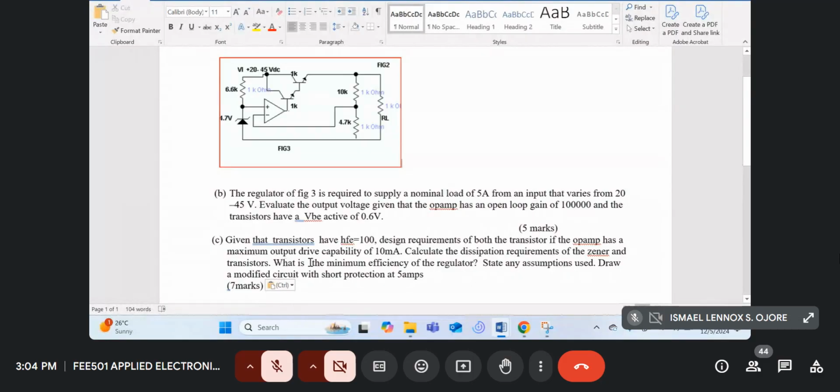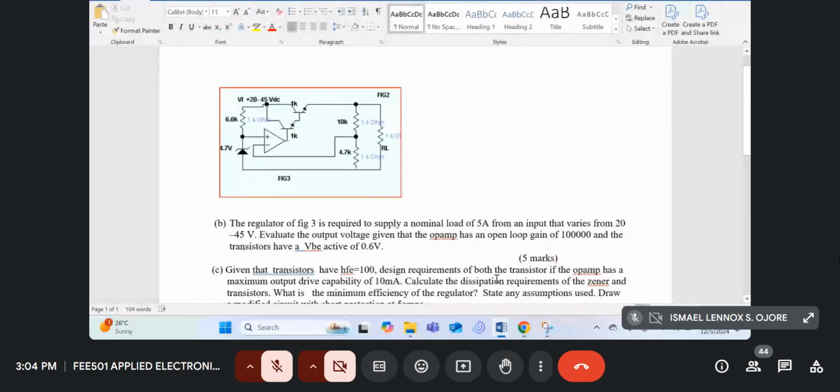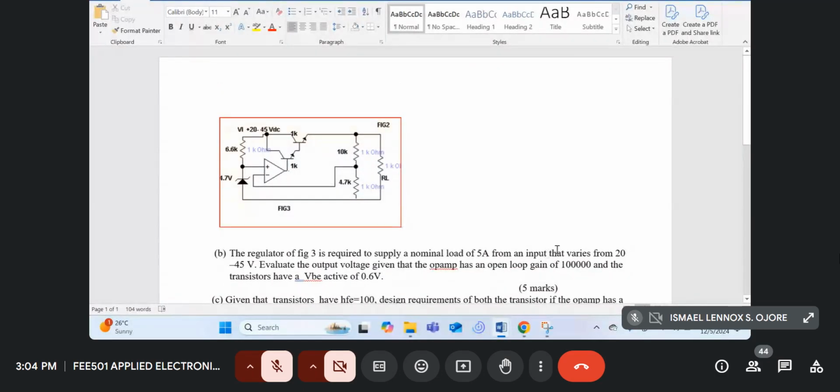Then you ask, what is the maximum efficiency? So let's start with the requirements of the transistor. For that, first of all, we have to find out the output voltage.